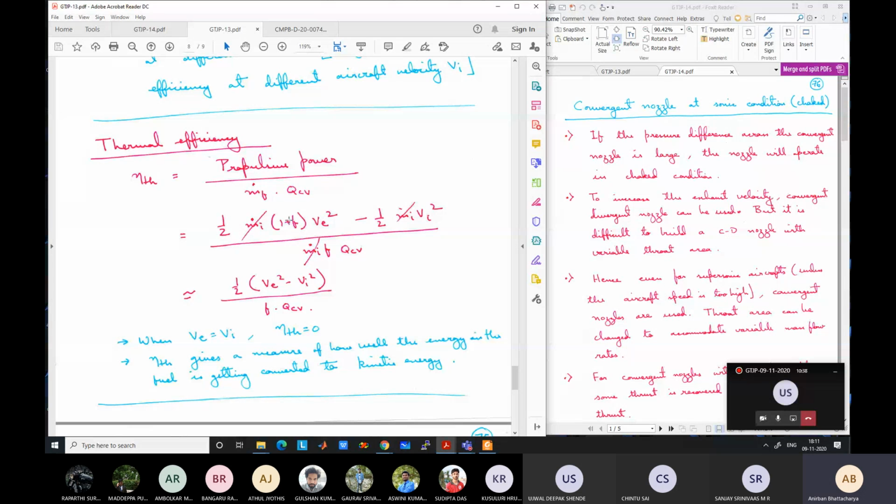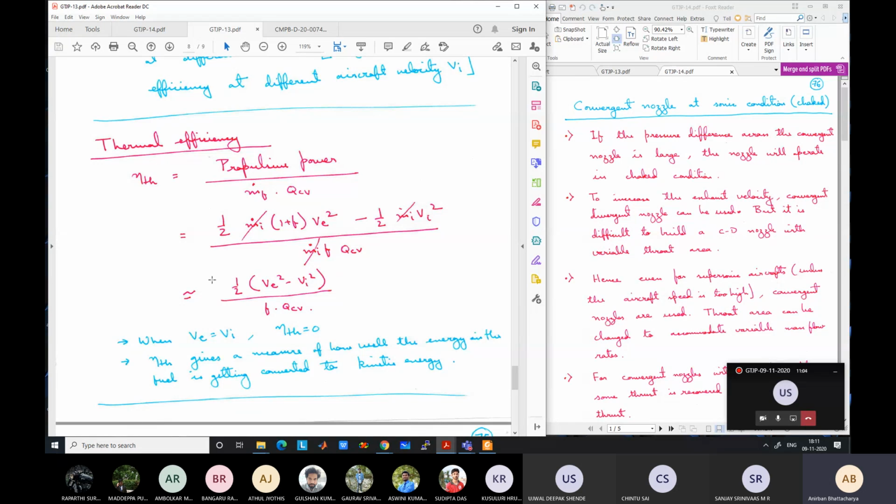In actual problems we should not ignore it, because it will lead to around 2% error. So if you ignore this, 1 plus f can be written as 1. So m dot I cancels, and we are left with half (V square minus Vi square) by f into QCV. So this is the thermal efficiency.